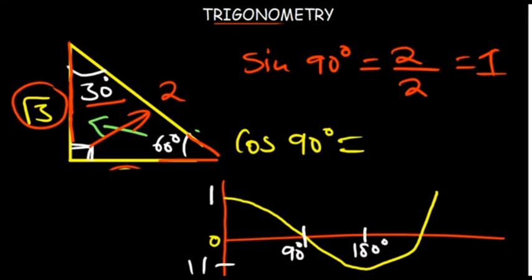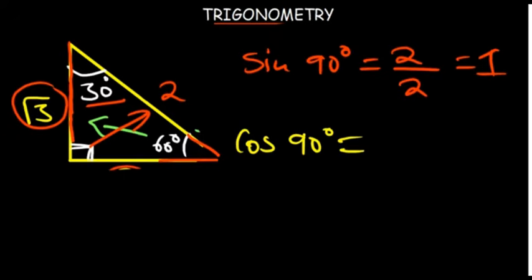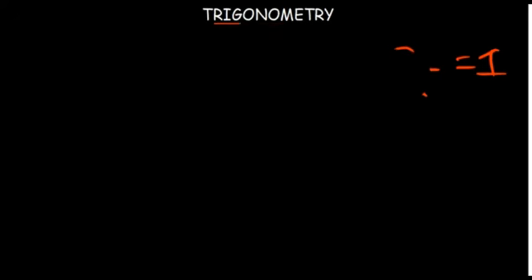Cosine 270 is 0, and cosine 360 is again equal to 1. That will make more sense as we talk about the basic functions. But for now, we are done with this special triangle with special angles.